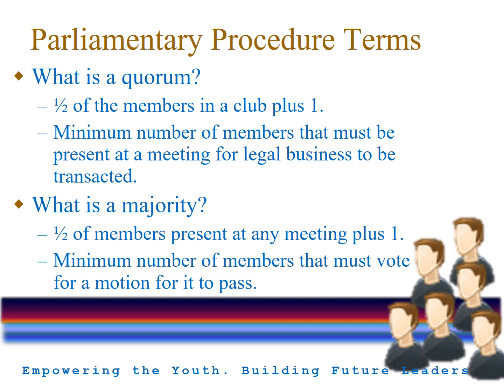So that is the definition of majority. So again, for a quorum, this is the minimum number of members that must be present at a meeting for this meeting to proceed, while a majority is the minimum number of members that must vote for a motion for it to be passed.